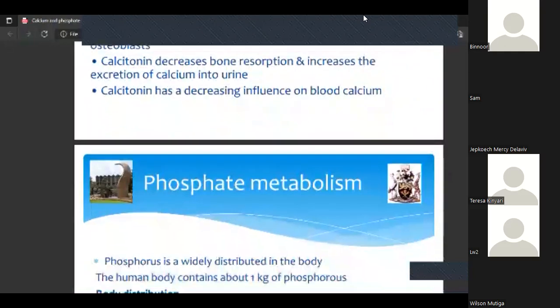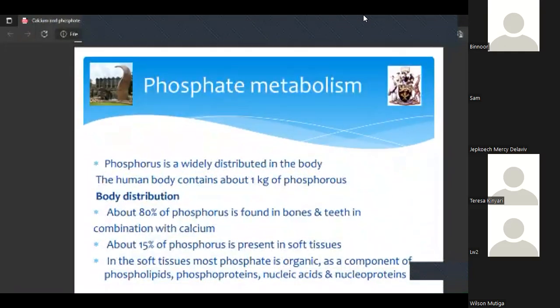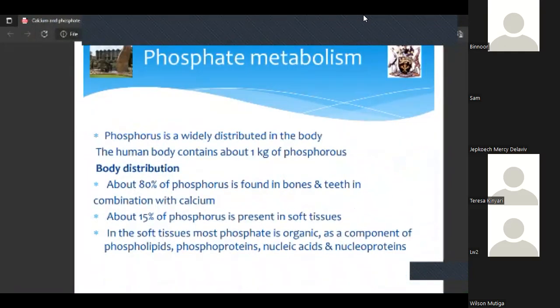Let's talk about phosphate. Phosphate is widely distributed in the body and usually combined with calcium. You remember we said the amount of calcium we have is about 1 to 1.5 kilograms. Here, phosphate is about 1 kilogram. And 80% of the phosphorus is found in bones and teeth in combination with calcium. We have 15% of the phosphorus in the soft tissue.